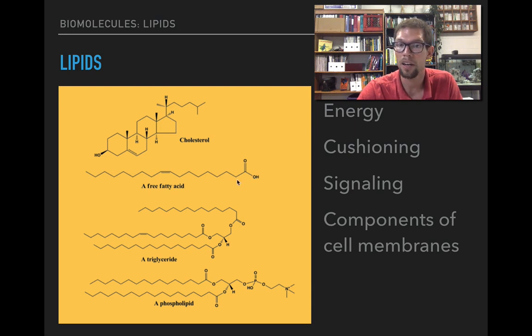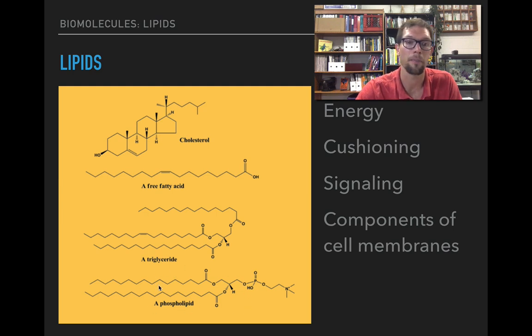You take three free fatty acid molecules together and combine it with a glycerol molecule, and you end up with a triglyceride. So this is going to be an important molecule as far as providing energy needs as well. Both of these provide energy needs for our bodies. And the free fatty acid can act as a signaling molecule on top of that.